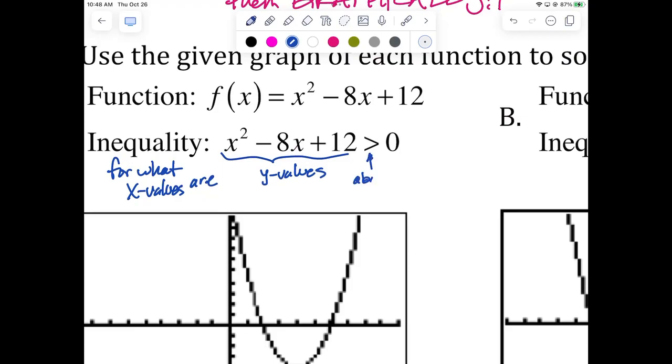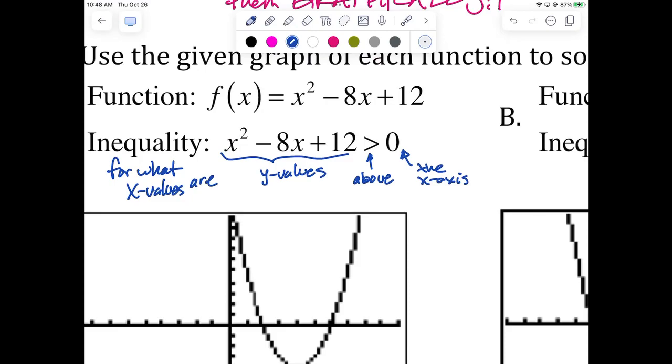In this case, greater than means above 0, which is the x-axis. That's how you want to interpret it.